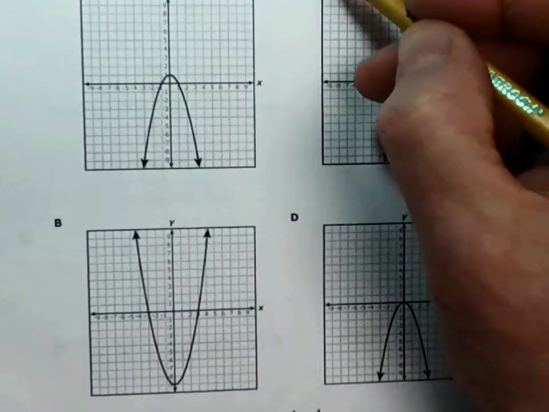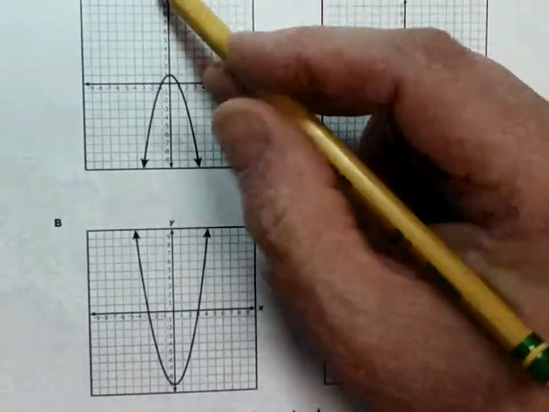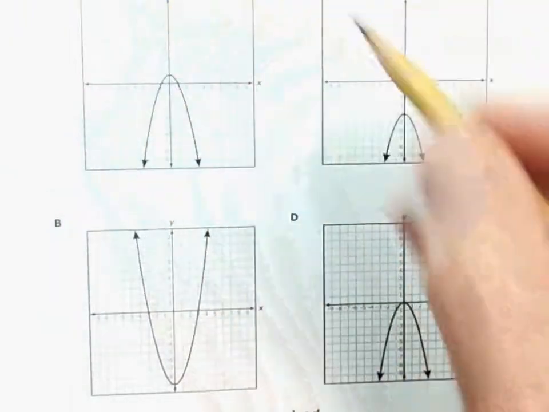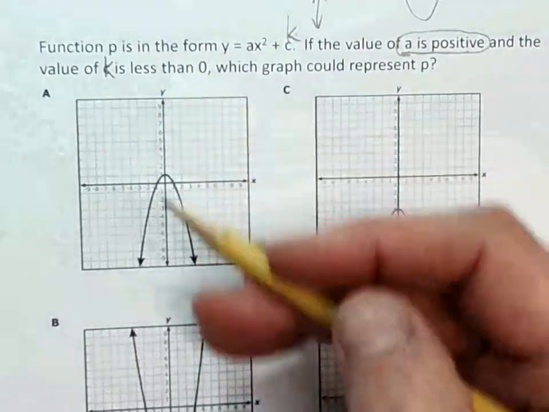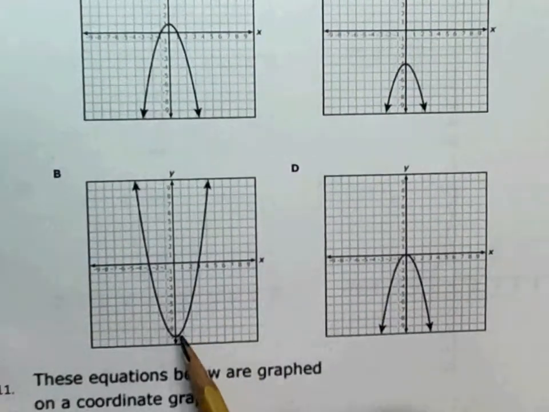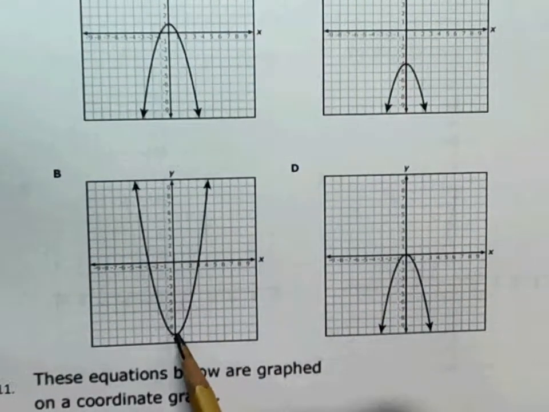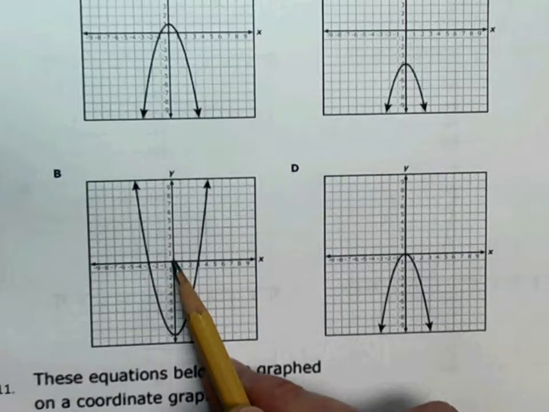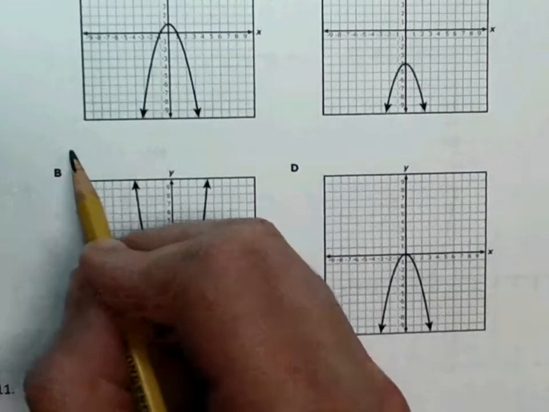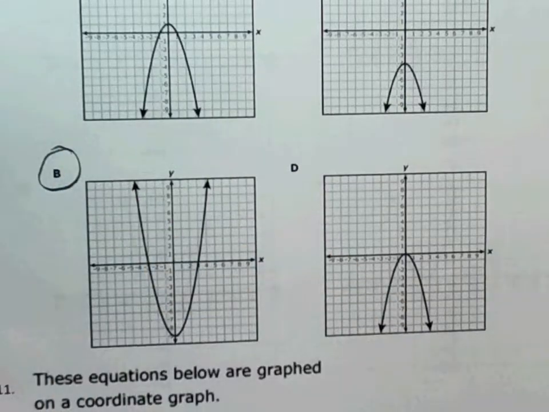Now remember, C was the same thing as K. So why don't we just come in here and say, all right, K is my elevator. K is less than 0. That means that it moved down. Did this smiley face one move down from the original origin? Yes, it did. Correct answer here is going to be B.